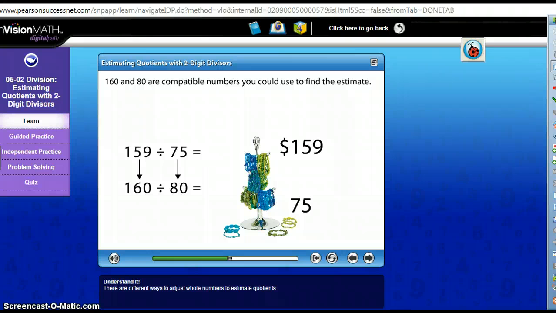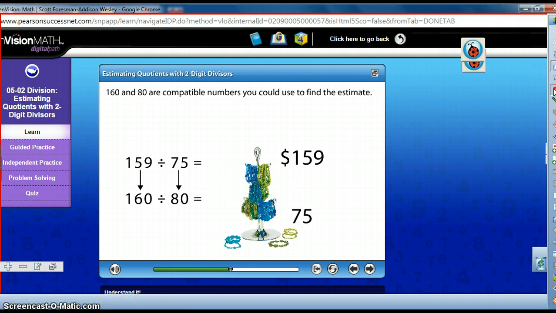So if we think the answer is 2, we can check. 8 times 2 is 16 with 1 zero. So did we get the correct answer? Yes. So it would be 2, not 20.